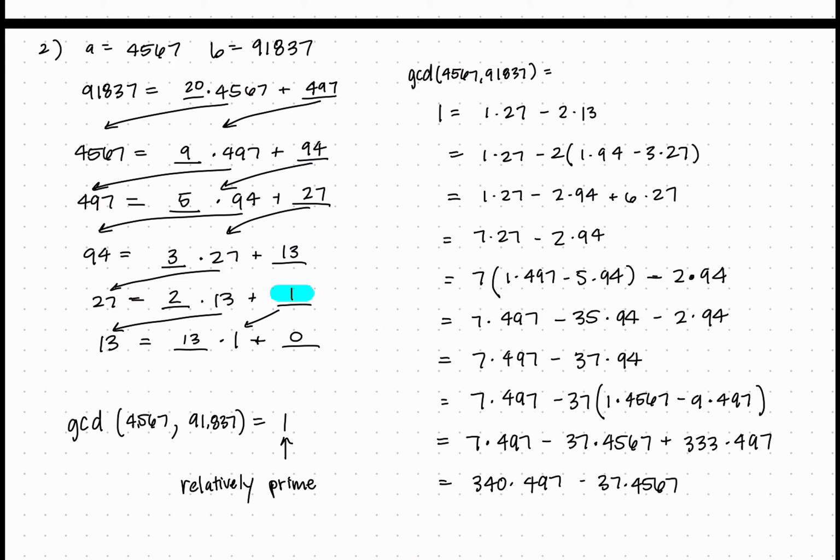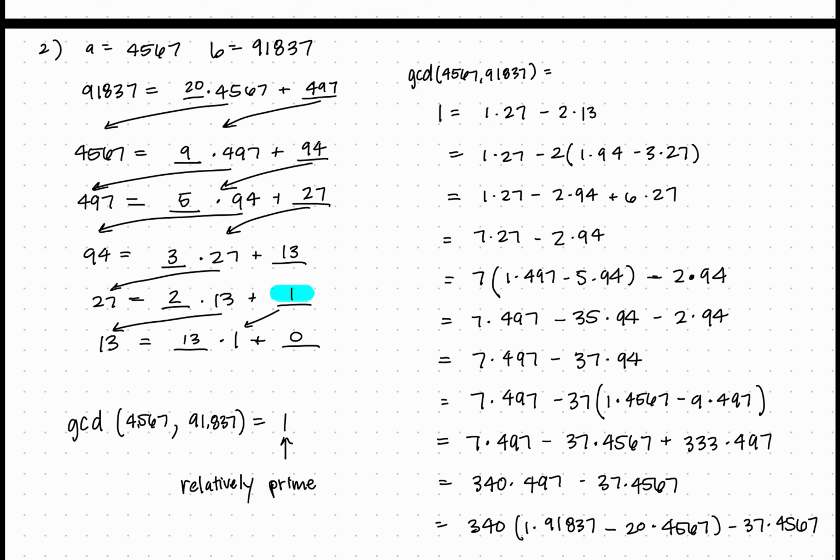Okay, I'm almost done. I see that 497 is my smaller of the two, so I move up to this top row. This will be my last substitution because I'm back to my top row and I'll have my original A and B now. So 340 times 497, where 497 is 91,837 minus 20 of the 4,567s. And then I still have 37 left on the end.